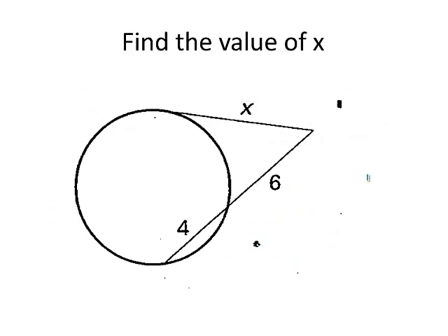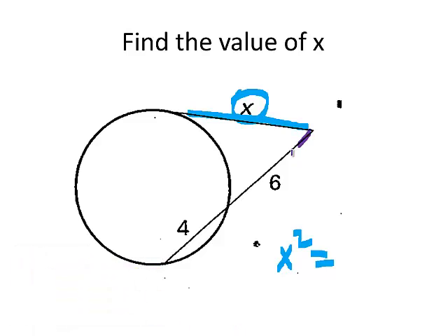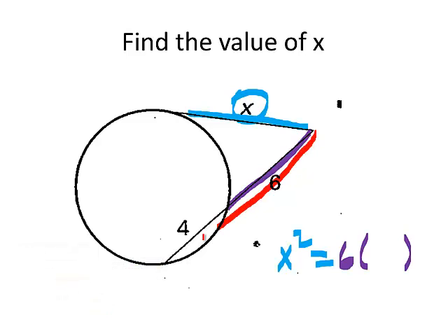So in terms of the example, what I would suggest is to first identify what your tangent segment is. I see that the tangent segment is x, so that's what I'm going to square. So it's going to be x squared equals, then you look at the secant segment, and the external secant segment part is 6, and you times that by the entire length of that secant segment, which is going to be 6 plus your 4, which is your chord.